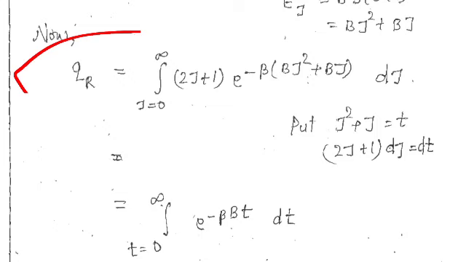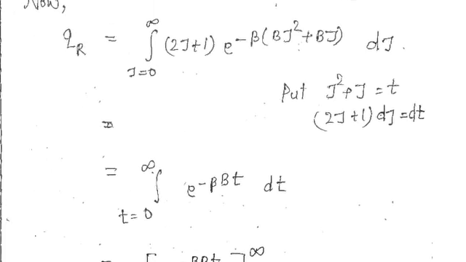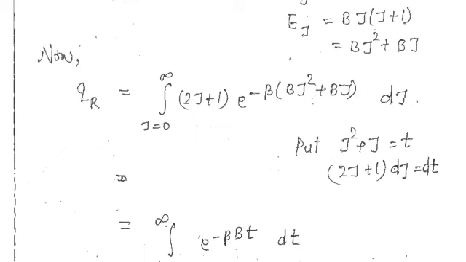Now we just have to solve this integral, and we did this mathematics in 12th as well. We put j squared plus j equals t, so that we get 2j plus 1 into dj as dt. When we put the limits, if j equals 0, we get t equals 0, and if j equals infinity, we get t equals infinity.